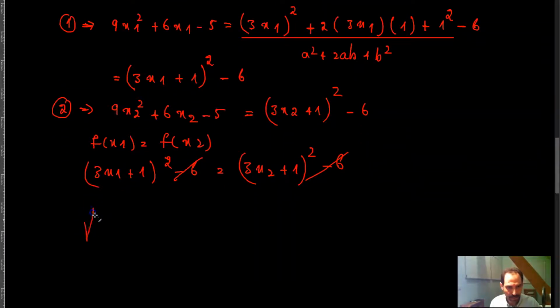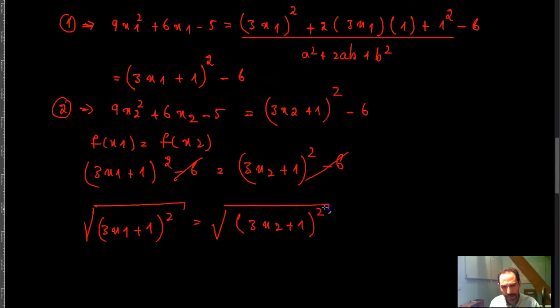and then I can take the square root of both sides of this equation, meaning that I can write the square root of 3 times (x1 plus 1) whole squared is equal to the square root of basically 3 times (x2 plus 1) whole squared.